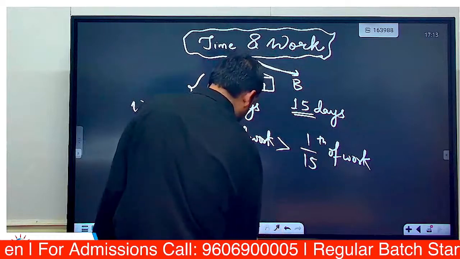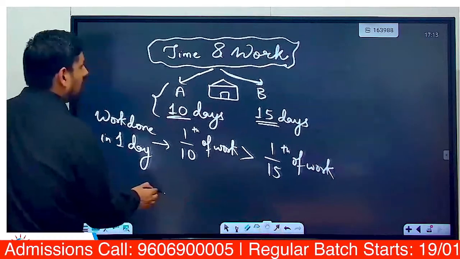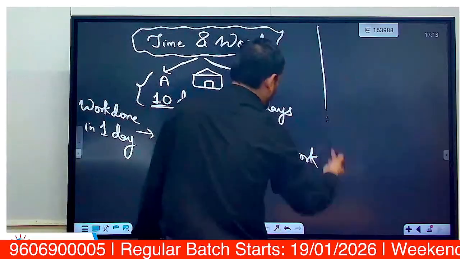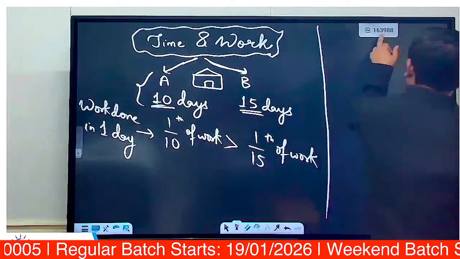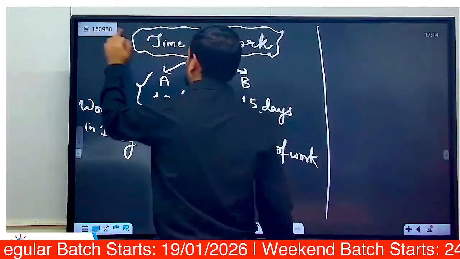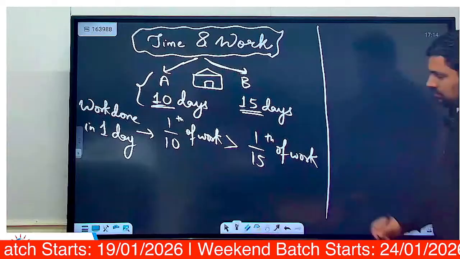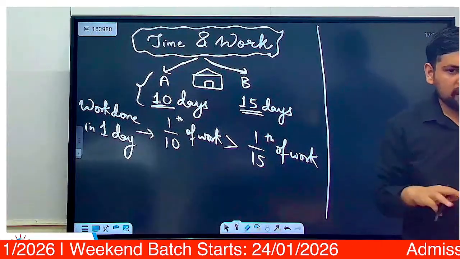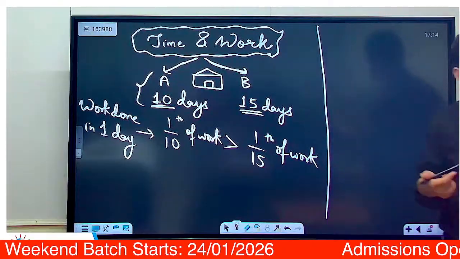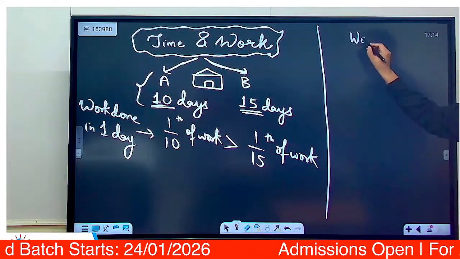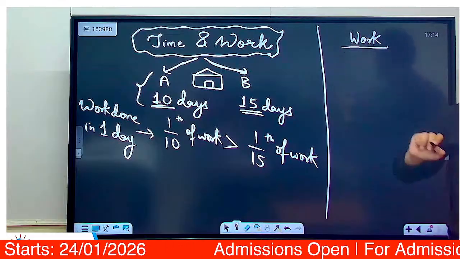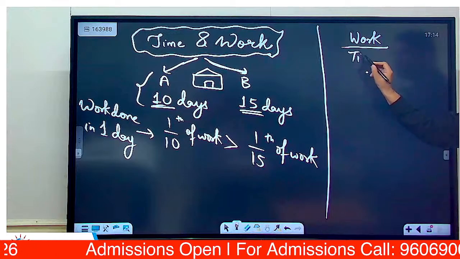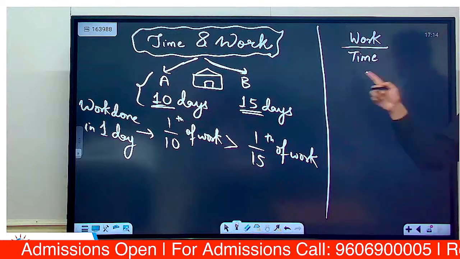Now, see this. If I have to calculate the efficiency of anybody, how do I calculate it? Whatever is the total work divided by the time he takes to do that work.